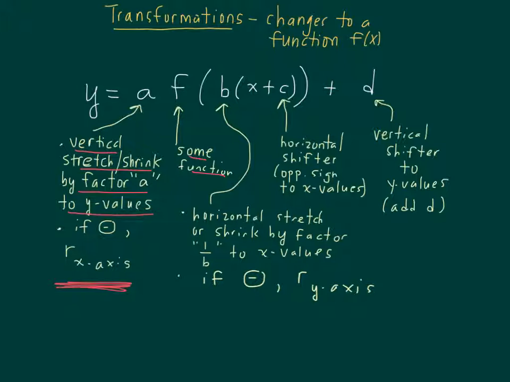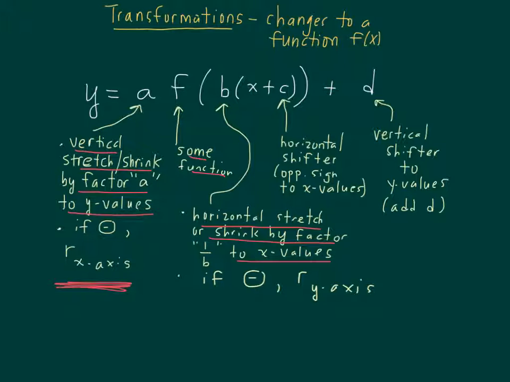The b on the inside represents our horizontal stretch or shrink by a factor of 1 over b, and this applies to the x values. So if you were to have maybe a 4 inside there, you're actually not going to be quadrupling the x values. You would be dividing all the x values by 4.